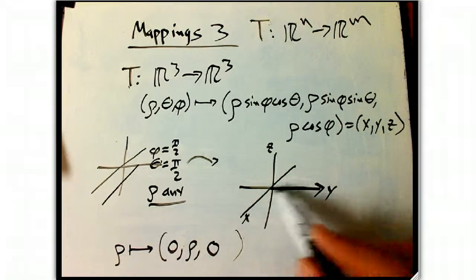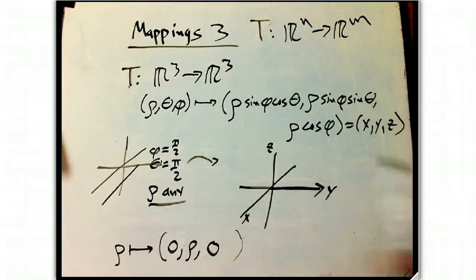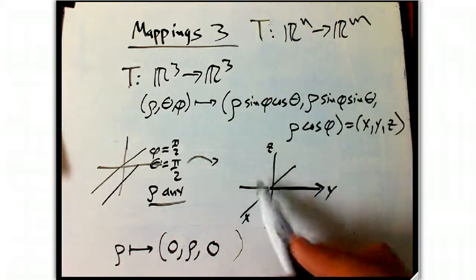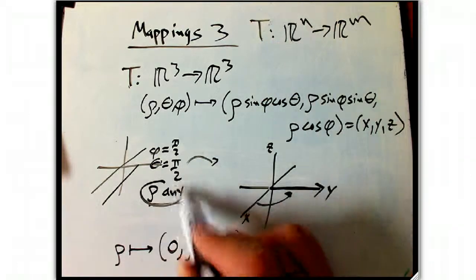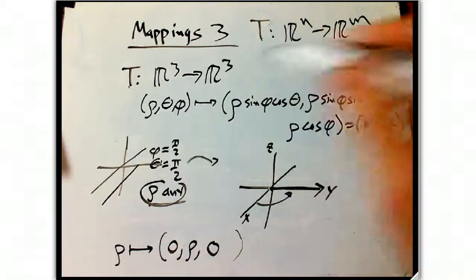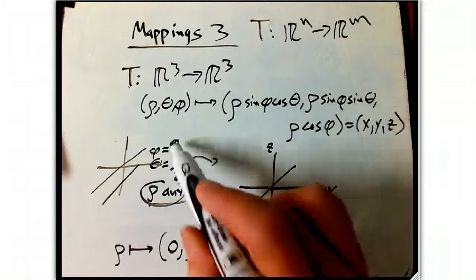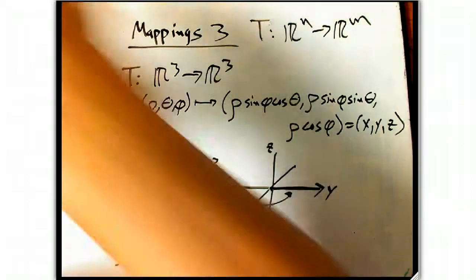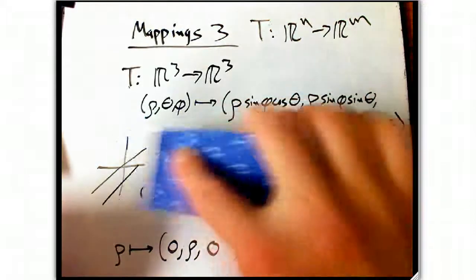It's just the curve that starts here and goes out in this direction. That makes sense, because phi equals pi over 2 means polar angle pi over 2 coming down the xy plane. Theta equals pi over 2 means crank this way, and any rho means go out radially any distance. But we didn't have to know that. We could just plug it in and take two of the variables to be specific values, and then we get a parametrized curve.